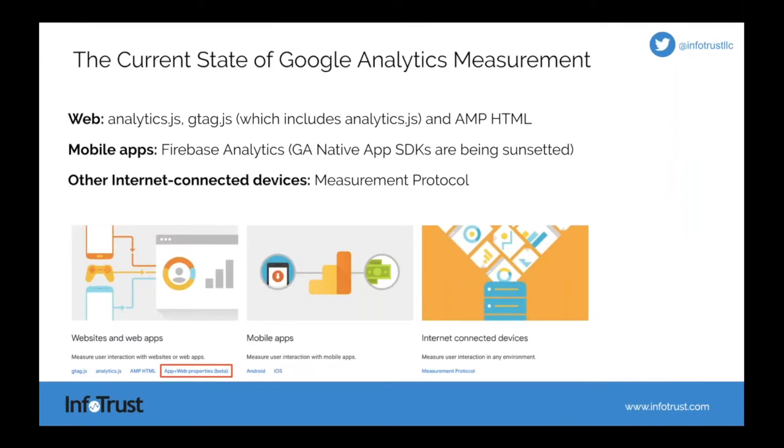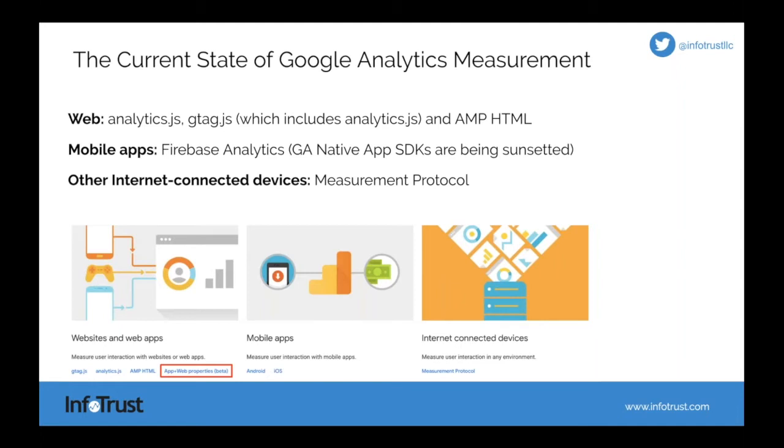So the current state here with web tracking, you have analytics.js, which is that newest version of Universal Analytics. You have gtag.js, which is supremely confusing, but essentially it is a combined analytics and ad measurement framework. So it basically combines tracking for Google Analytics, DoubleClick, and AdWords within one tag.